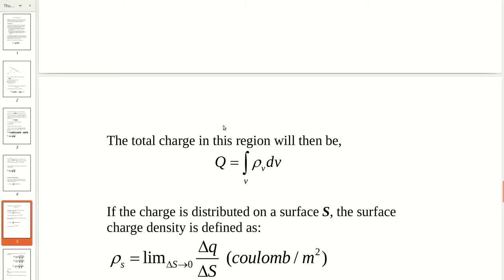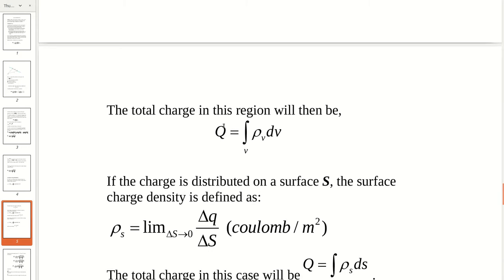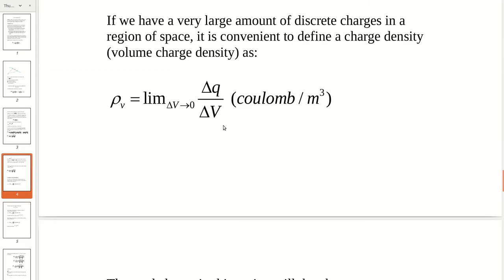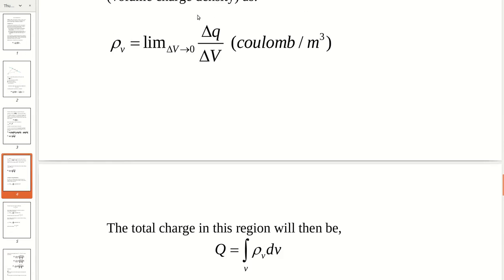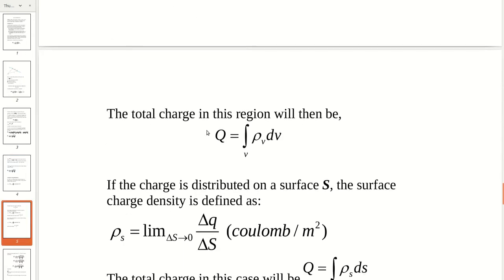All of these charges over the volume, we name the charge density, or volume charge density. Now take the total charge in this region: if we take a small value of this and then integrate, you calculate the total charge in this region. Maybe imagine that this region is part of a wire, and you want to measure all the electric charge in this wire.